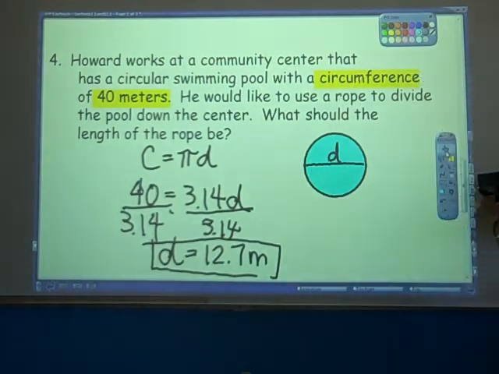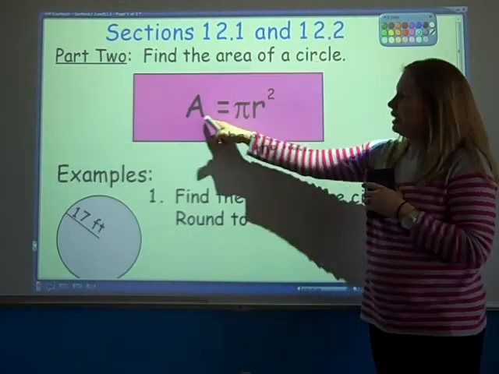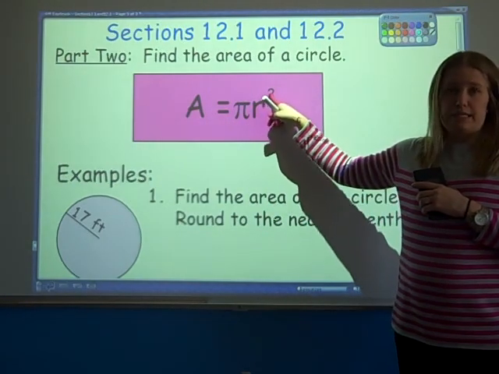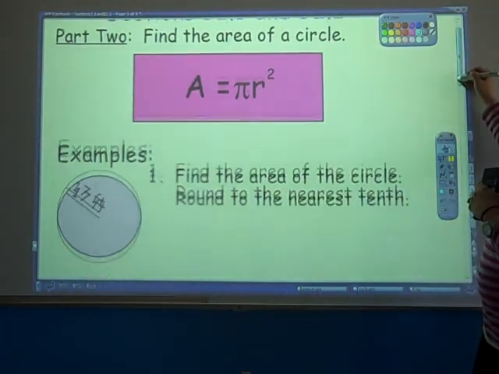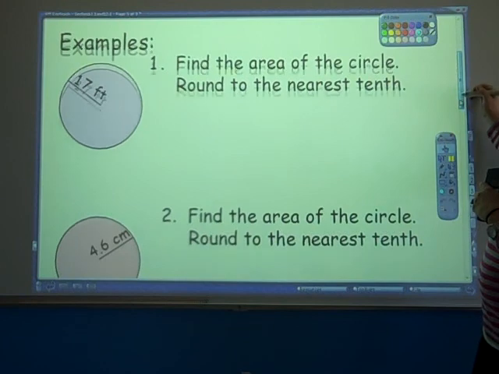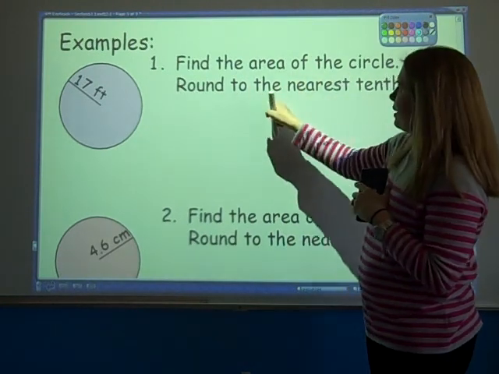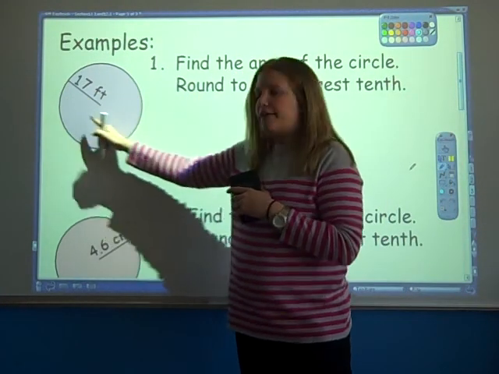Okay, let's try some area with circles. Part 2, finding the area of a circle. Here's our formula. Pi times the radius squared, to the second power. So we have to have the radius and you have to square it. We're going to do 2 examples and then we're going to be done. Find the area of the circle, round to the nearest tenth. Okay, we have a circle here. The radius is 17.